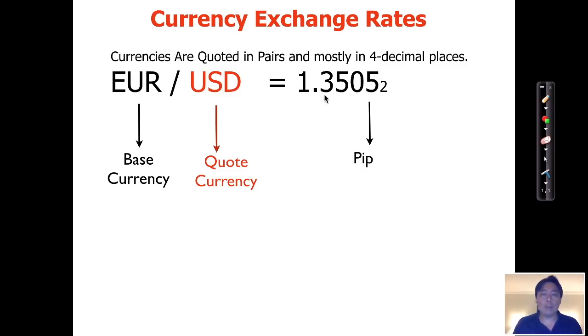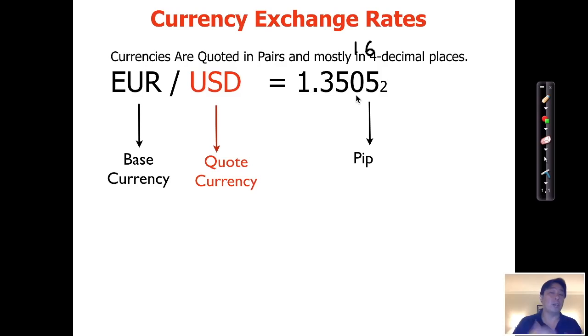Now, if it goes from 3505 to 3506, what does it mean? It means that the euro, or rather the euro USD, has gone up by 1 pip, right? Because from 5 to 6, it's 1 pip. Does that make sense? Okay. Now, if it goes from 3505 to 3516, what has happened?